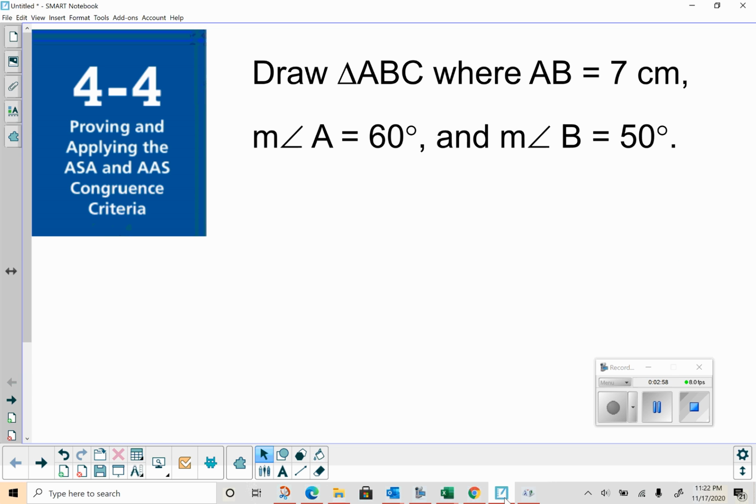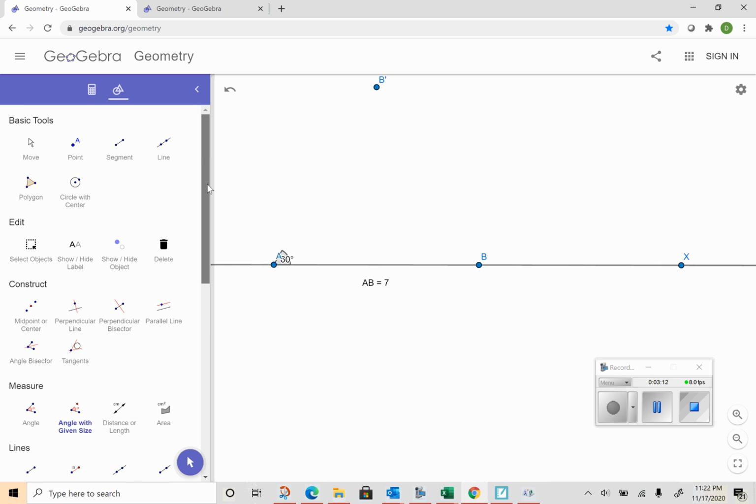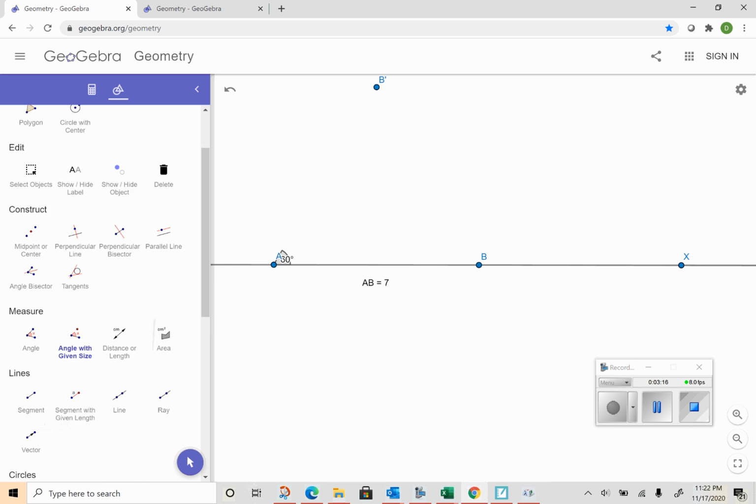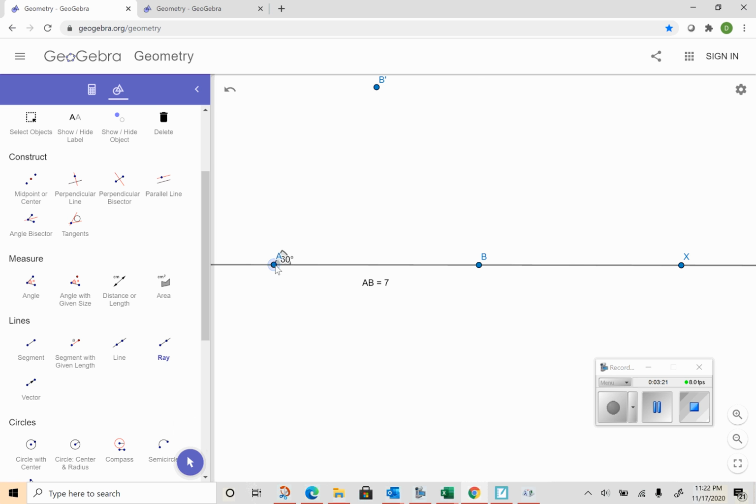Now you'll notice here the length of segment AB is the one and only side length that we have here. I really don't know how far to go. So I am going to draw this as a ray from point A headed in that direction.